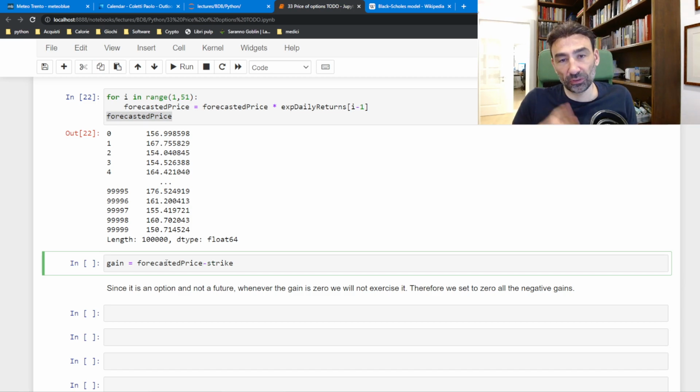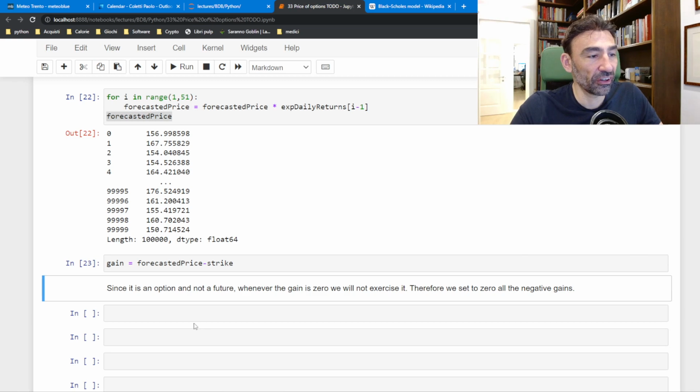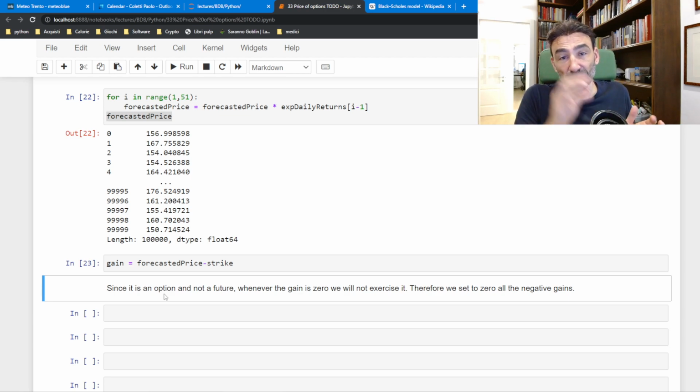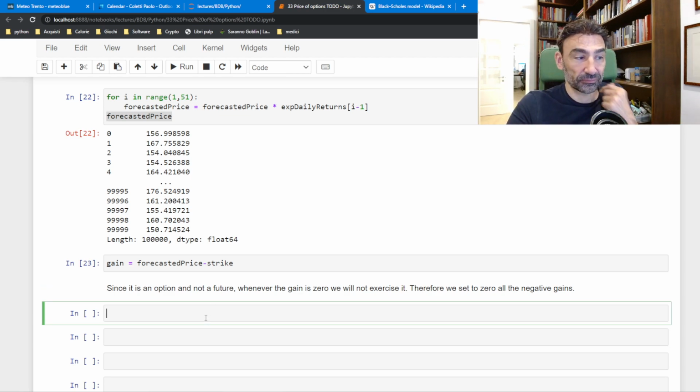In case of a put, it's vice versa, because in a put you wish to be lower than the strike price. However, since it's an option and not a future, you're not forced to exercise it. If forecasted price minus strike is negative, you will simply not exercise it and your gain will be exactly 0.